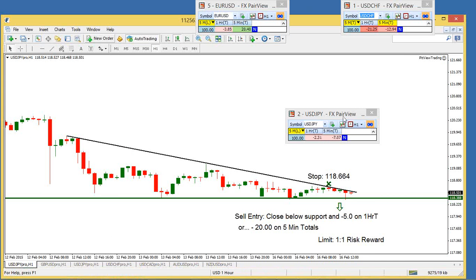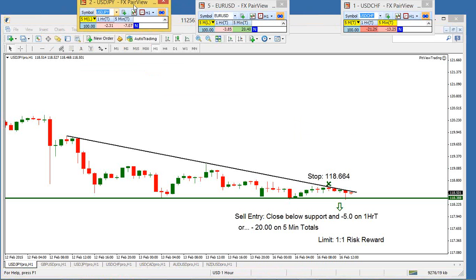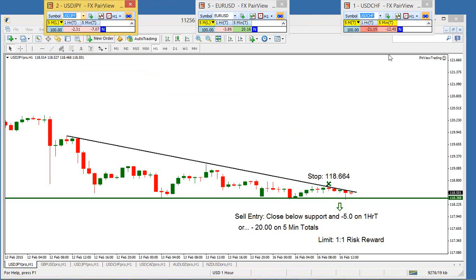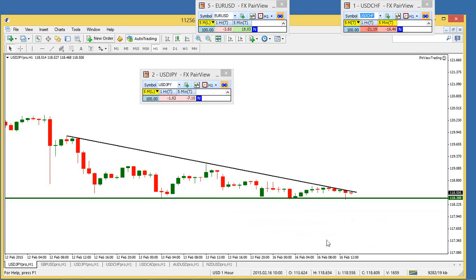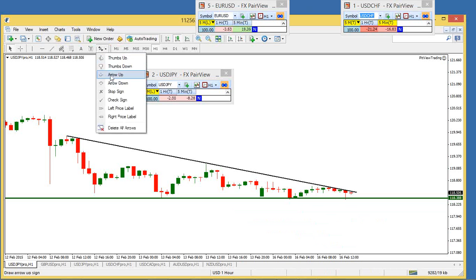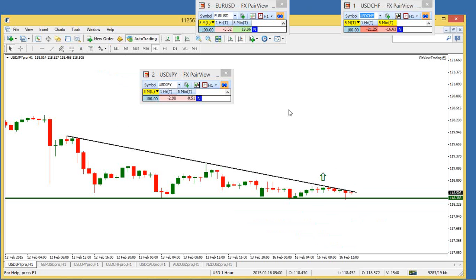So let's go back to our chart here. All right. So we can take this off. We can take this off. We can take our little X off. So our buy is going to be the same thing essentially.